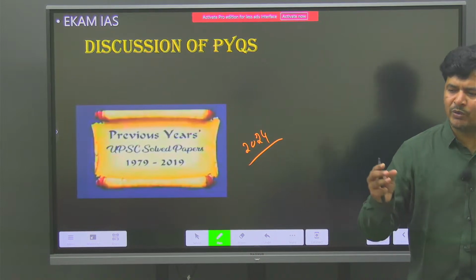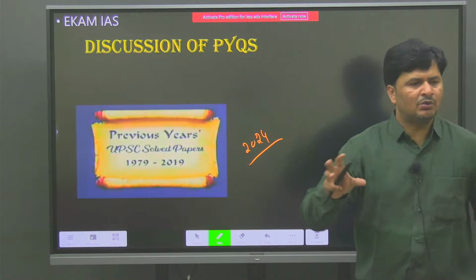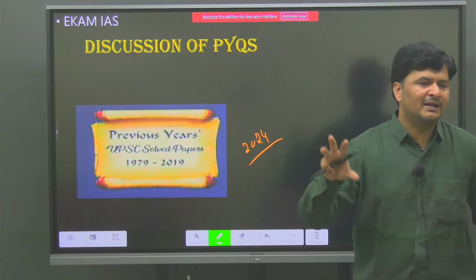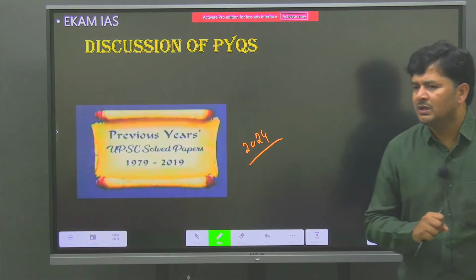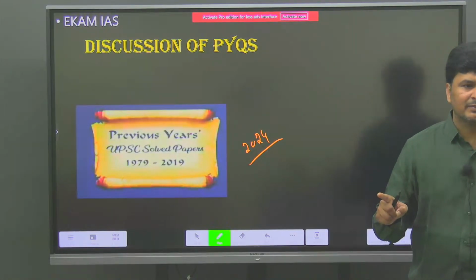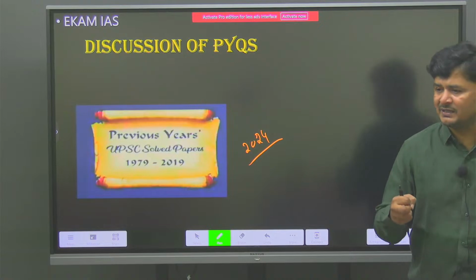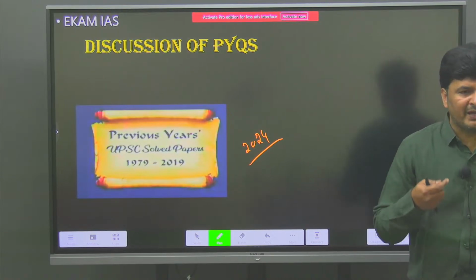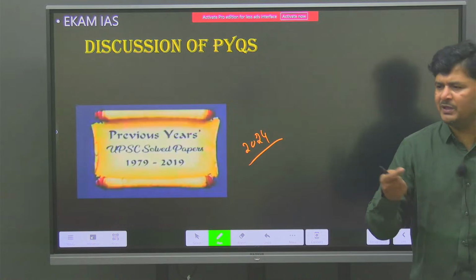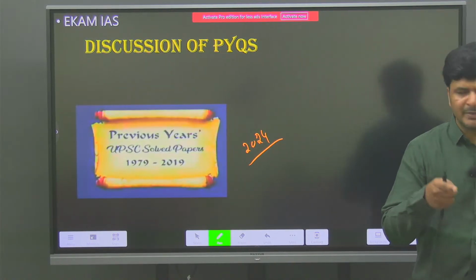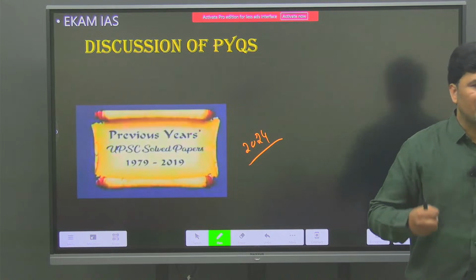I do accept that some questions will have a twist. How to write those questions is also something we will discuss in the classes. See, everyone knows content, everyone has content, because when you read 4 to 5 books for one topic, maybe ancient, modern, medieval, art and culture, or world, you'll get command over the subject.